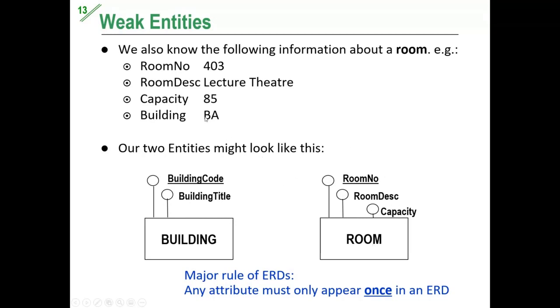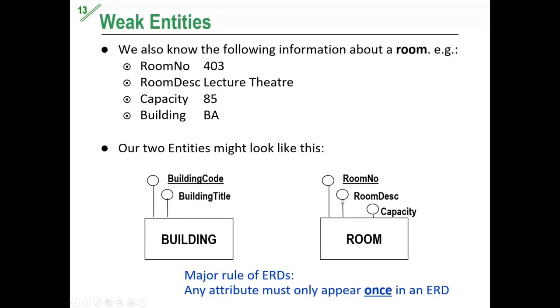But in this case, we are not actually showing the building code BA, but it is implied, because there is one major rule when you define an entity relationship diagram. That rule is that any attribute in a given model only appears once in an ERD.